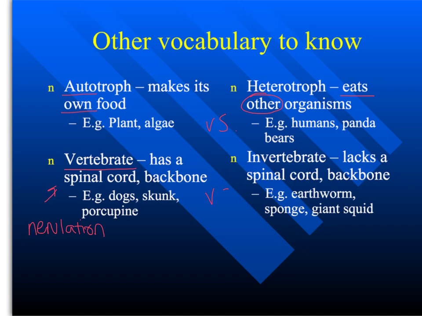In contrast, the opposite of a vertebrate is an invertebrate. So this is where you don't have a backbone. So think of something that doesn't have that bilateral symmetry, bi meaning 2. You're not symmetrical on both sides. An example would be a sponge. Sponges is a living thing, or earthworms, which have radial symmetry, meaning that they're the same direction when you cut them in half.